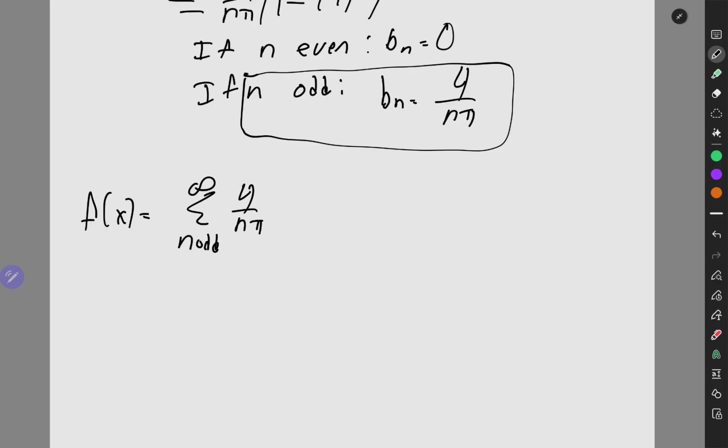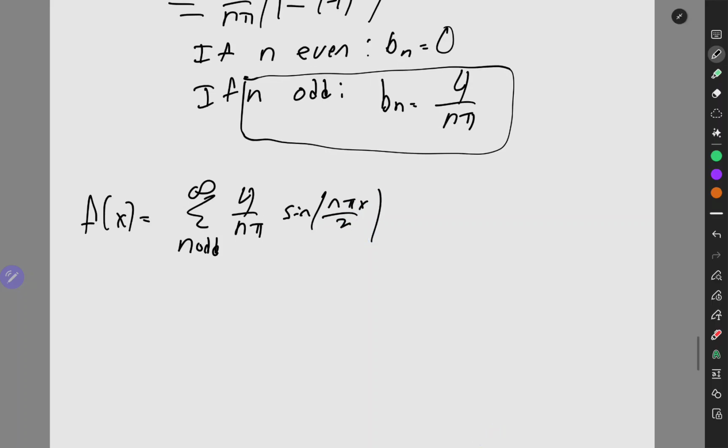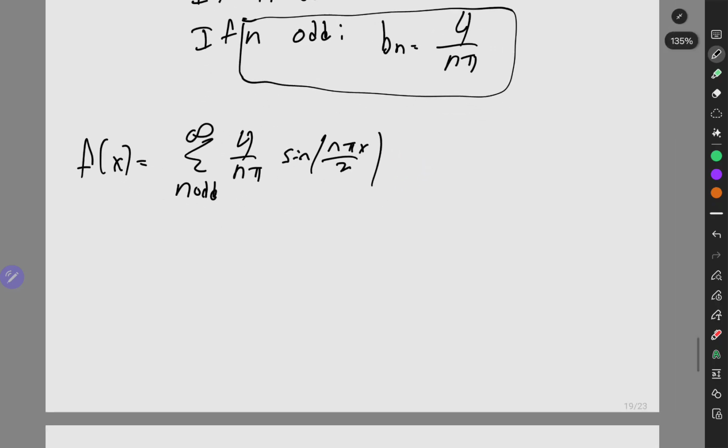Yeah, 4 over n pi. I did it a little differently in my notes, a little incorrectly, I would say. Times sine of n pi x over 2. Yes, that's it. That's literally it. But we have to rewrite it because we know that n is going to be equal to 2m minus 1 because it's odd.